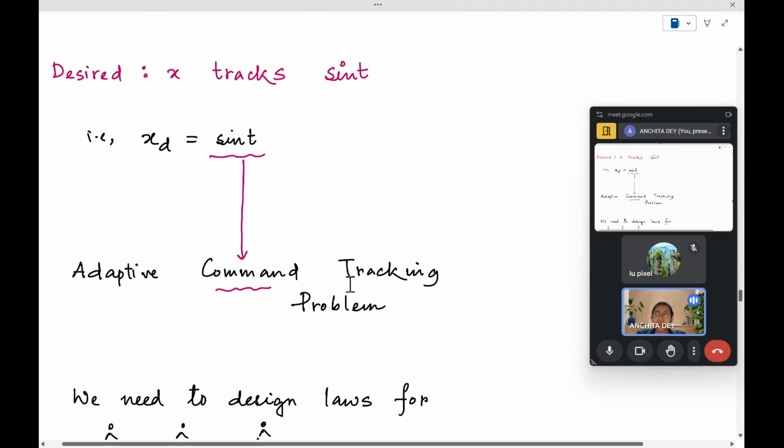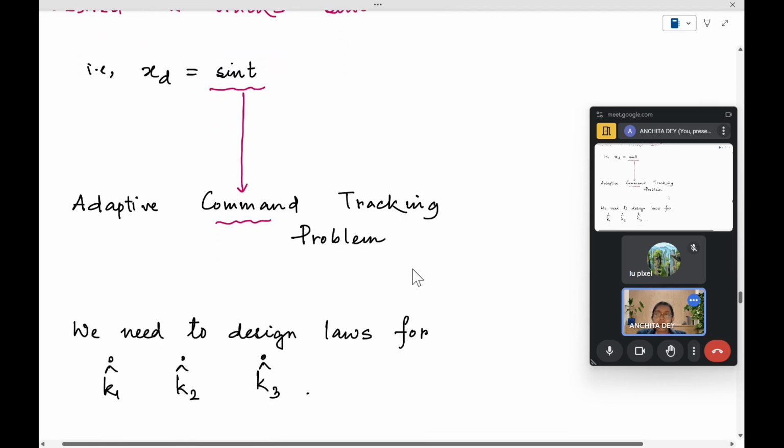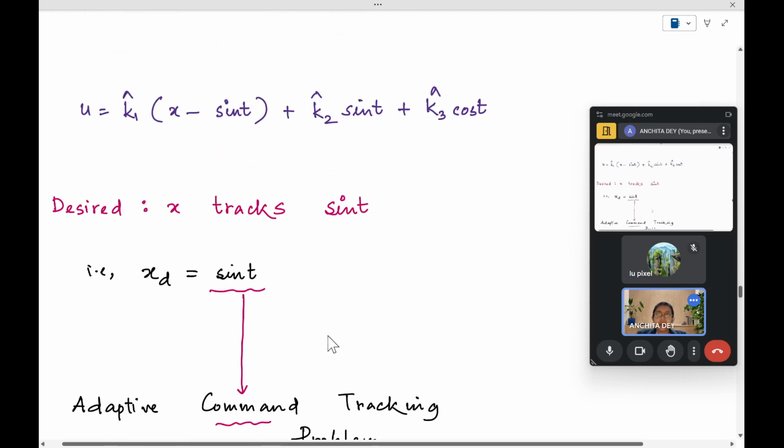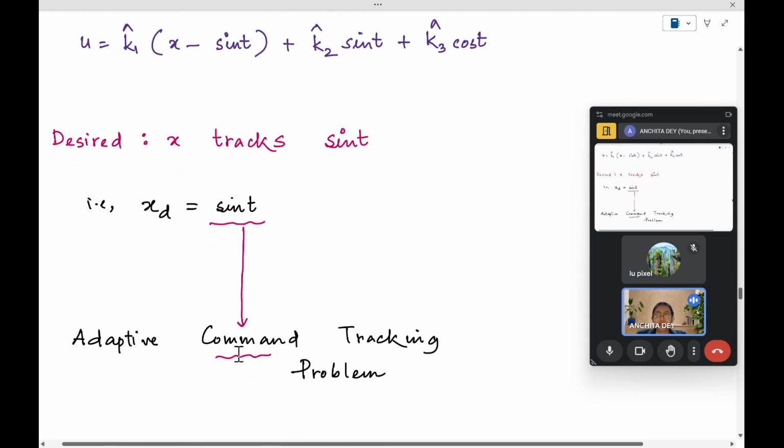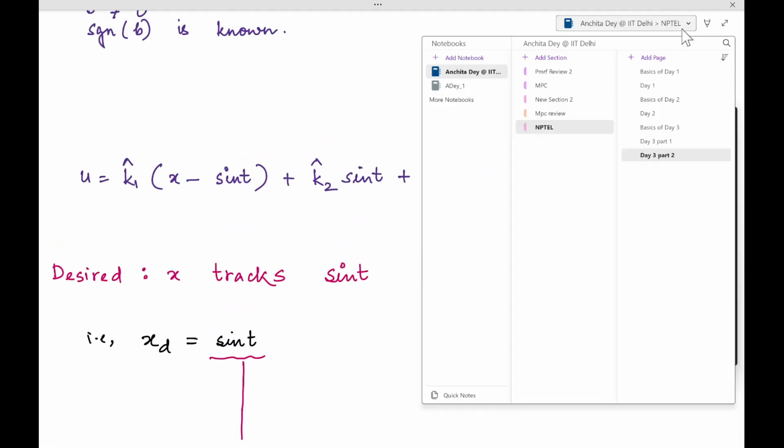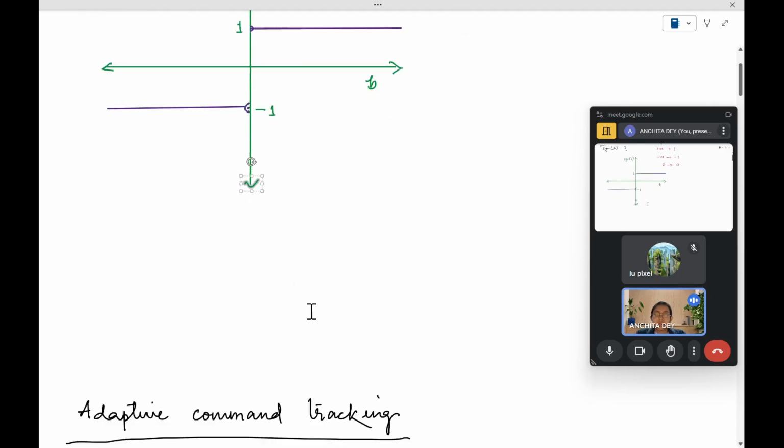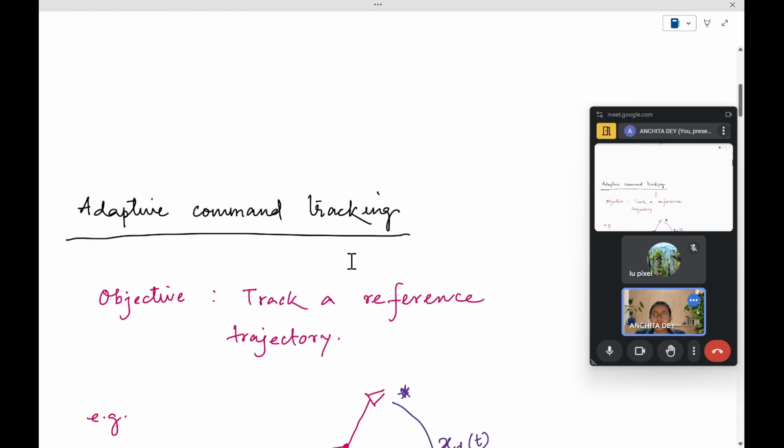So it's an adaptive command tracking problem. And we basically need to design laws for k1 hat dot, k2 hat dot, k3 hat dot, right? We'll first quickly give a brush up on this adaptive command tracking scenario.